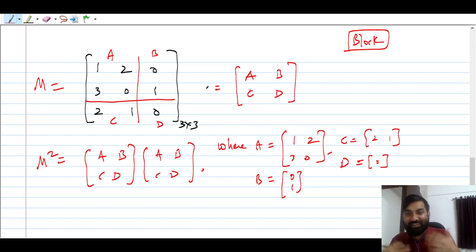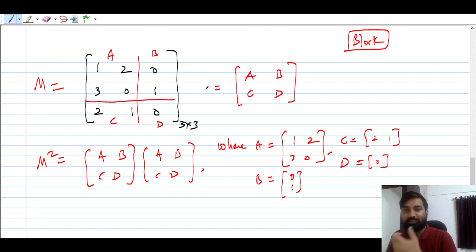So you see what the advantage of this is? It is very convenient. In the question they will give you a very big giant matrix. Where will you get a giant matrix? You are arranging data, you have huge data available in front of you, and you are arranging it in the form of matrices. So now somebody will ask you to calculate M square.